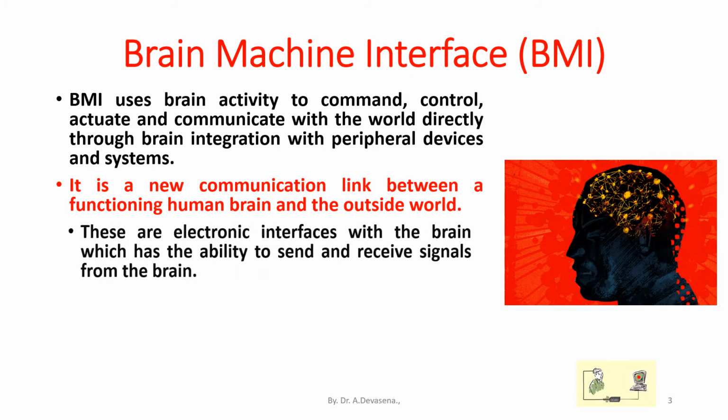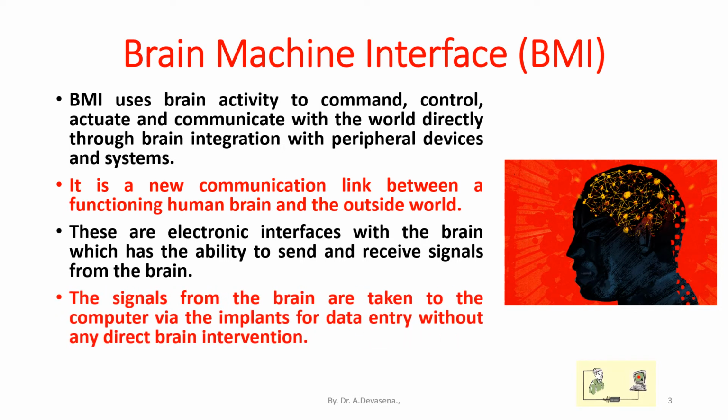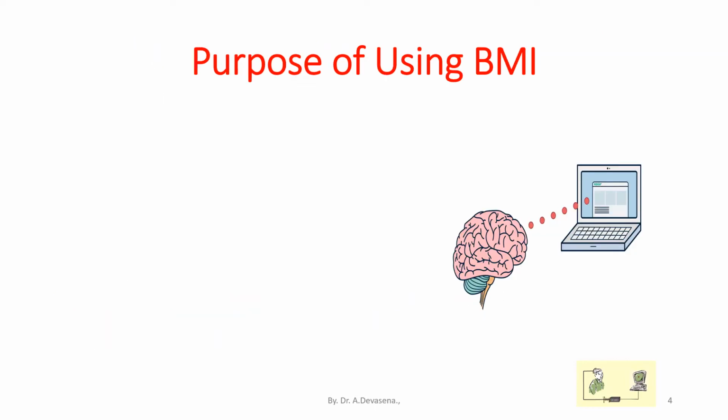These are electronic interfaces with the brain, which have the ability to send and receive signals from the brain. The signals from the brain are taken to the computer via the implants for data entry without any direct brain intervention.